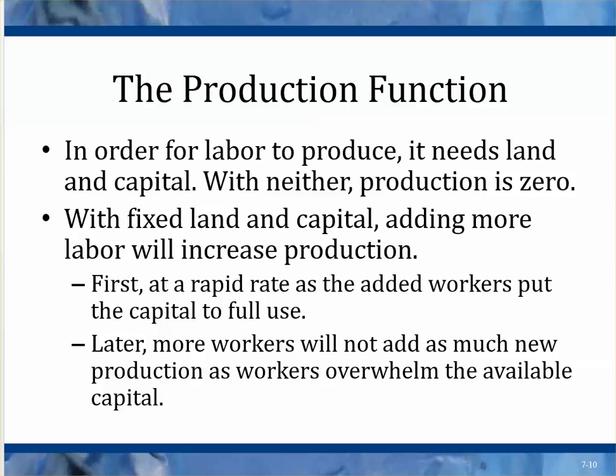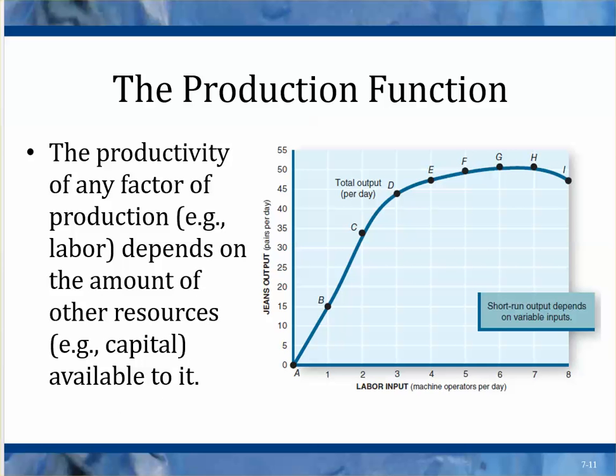So in order to characterize this characteristic of the production function, we have a production function curve that looks like this. At the beginning it increases dramatically, and we can reach the top, the maximum, then it starts to decrease. The production of any factor of production, such as labor, depends on the amount of other resources. This production function reflects the relationship between input and output.